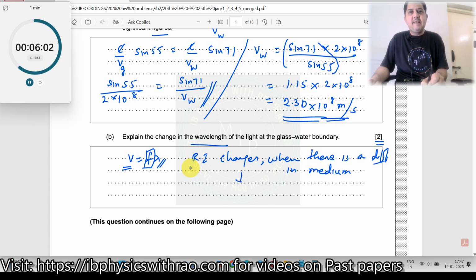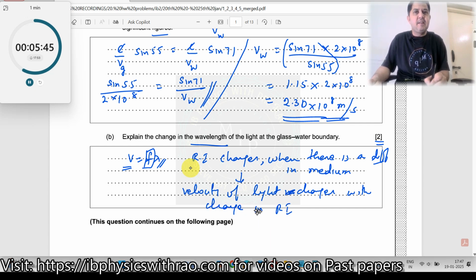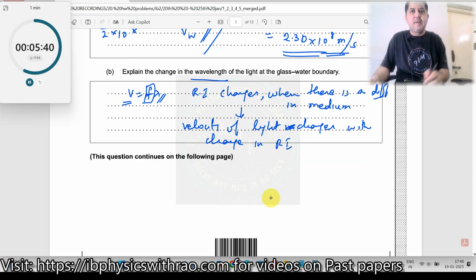Okay. And as a result of it, what happens? Velocity of light changes with change in refractive index. Maybe you could have written this one directly over here. Once this has been done, after that, what happens?